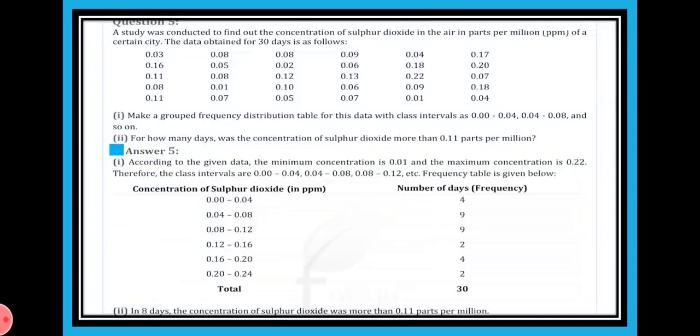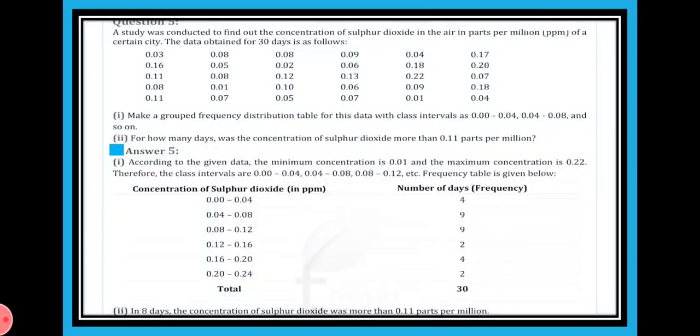Then 0.04 to 0.08 it is 9, 0.08 to 0.12 it is again 9, 0.12 to 0.16 it is 2, 0.16 to 0.20 it is 4, 0.20 to 0.24 it is 2. And last, the total you cross check, we are getting 30 days.